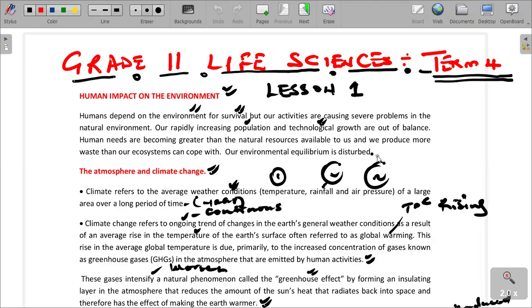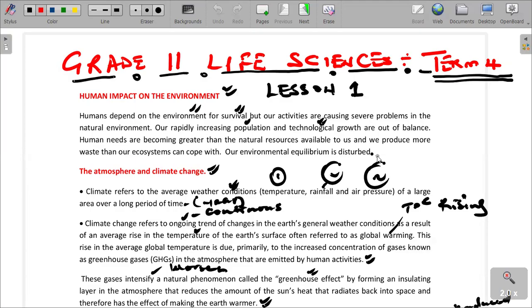Because of the increase in human activities and the need of people to survive, they have come up with activities that have deprived the natural ecosystem of its stability. Our population is increasing rapidly, and technological advancement is outbalancing the natural environment.